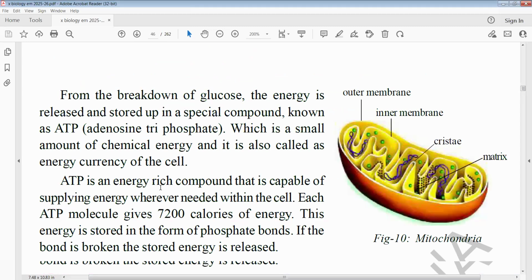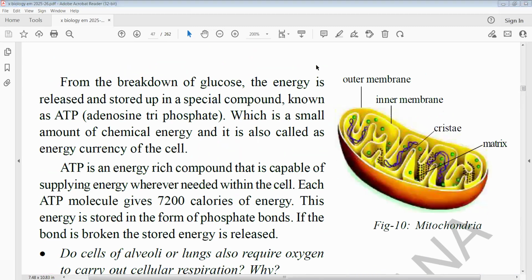This is important at examination level: mitochondria. They were first discovered by Robert Benda and the name was given by Altman. Both scientists played a major role in giving information regarding the mitochondria.